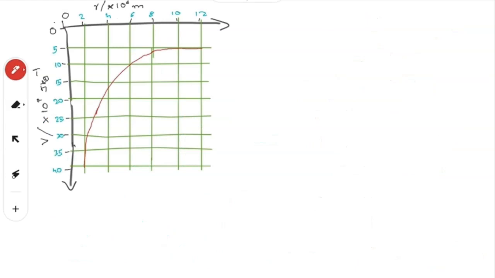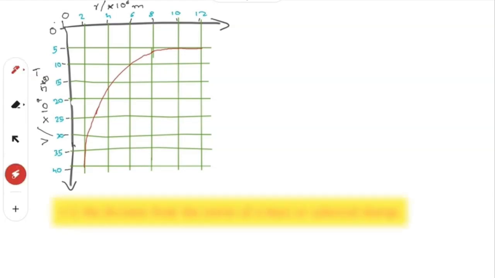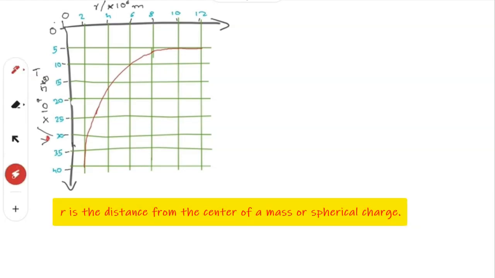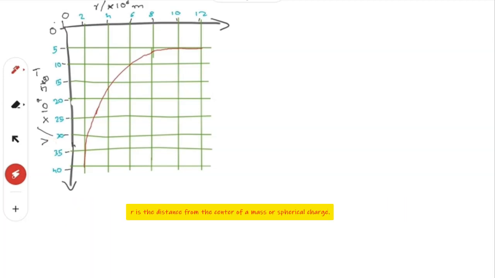Now, this is potential. It could be electric potential, it could be gravitational potential. But this is potential, and that's plotted against distance here.